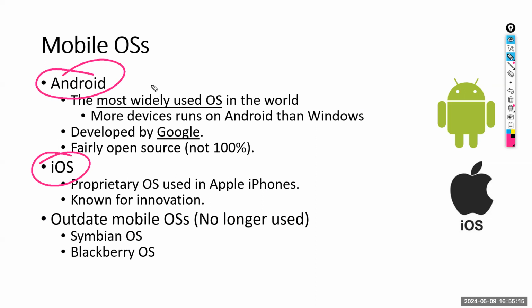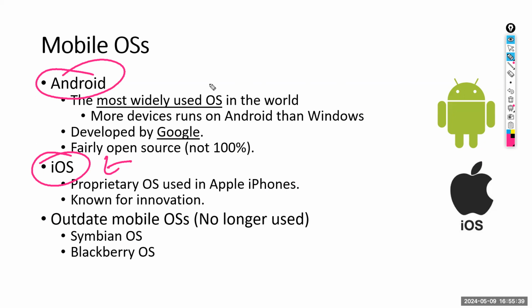Android from Google, which is pretty much open source, but not 100% free and open source, but fairly open source. Then, of course, we have iOS from Apple, which is sort of a highly closed operating system, not open like Android.